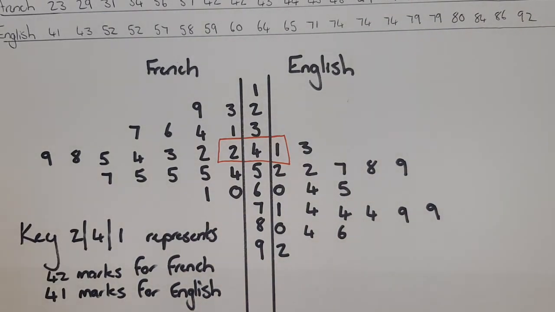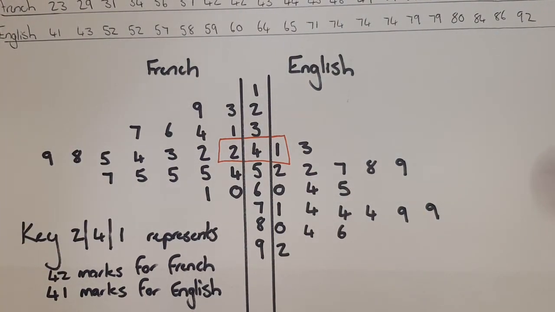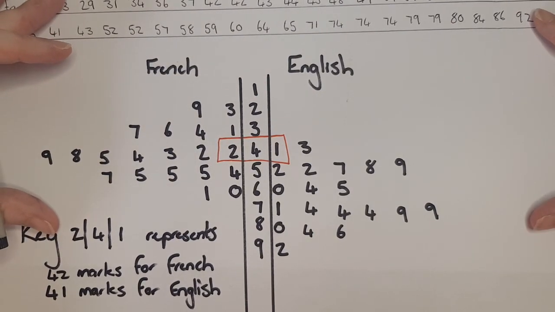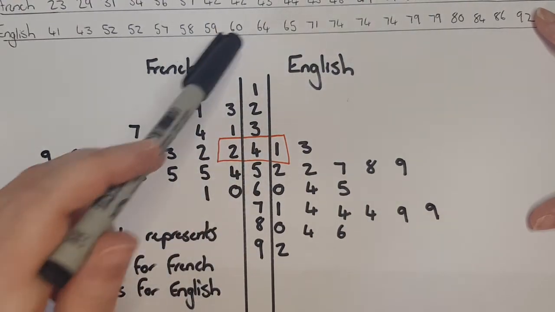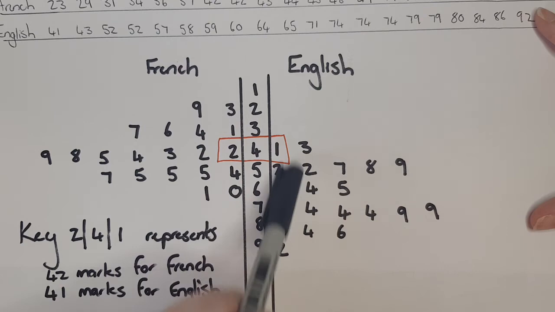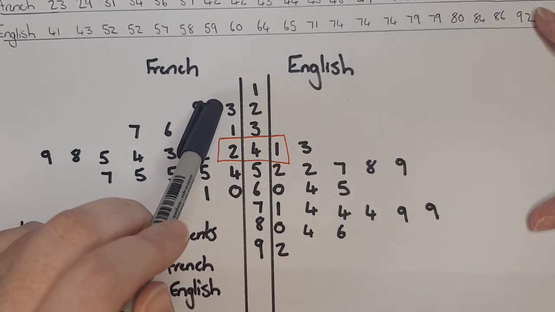Okay, so now as I said earlier, this whole thing is for comparison between two sets of information. So if I'm asked about explaining the comparison for this stem and leaf, what this is showing us, if you look at the whole thing, English marks are much higher than the French marks.